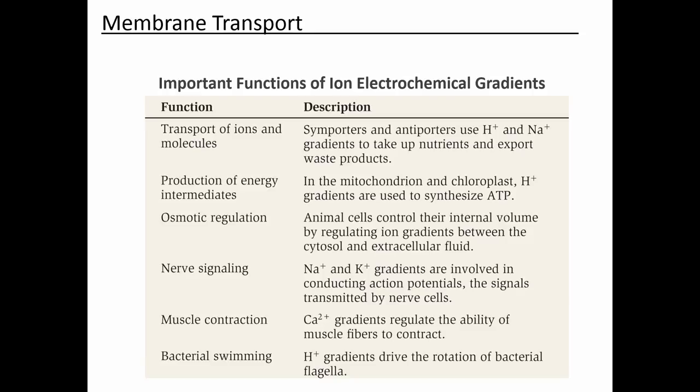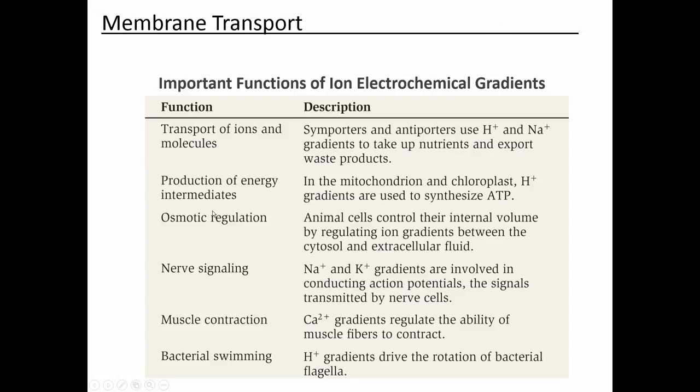It's produced by electrochemical gradients, because sodium ions flow into the cell down their electrochemical gradient, and then potassium ions flow out of the cell down their electrochemical gradient. Those electrochemical gradients are the reason that those ions flow in a particular direction to produce an electrical signal.